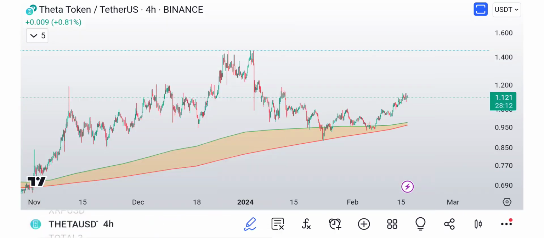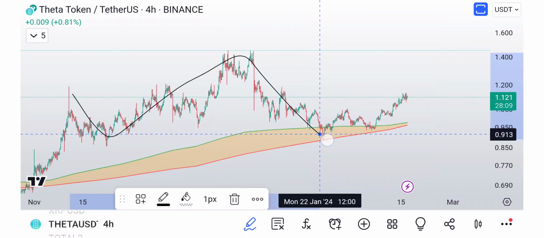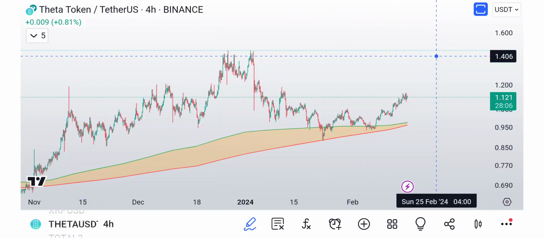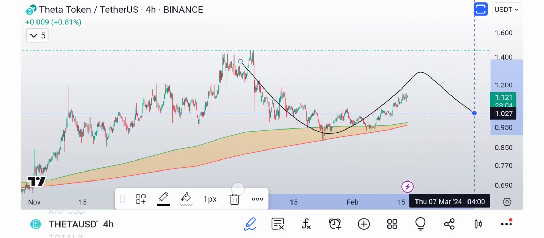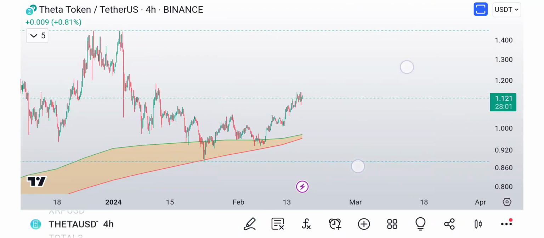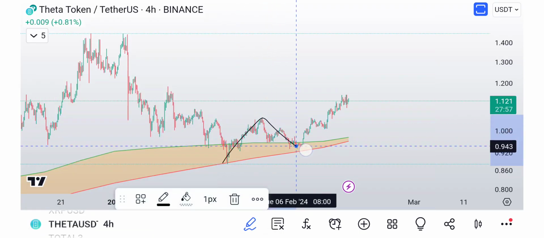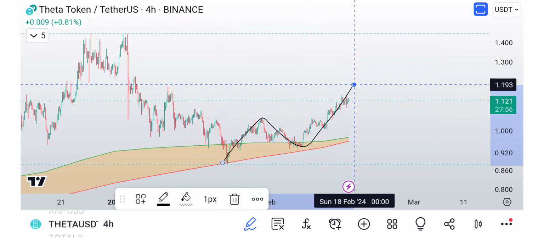I've been thinking this is an A, B, C, and now we're getting ready to go. If that's not the case, then shorter than that, we can see A, B, a 3-way move right there.